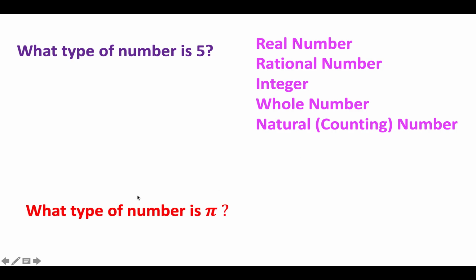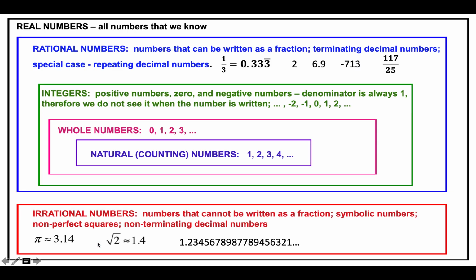All right, what type of number is pi? All right, again, let's go back to our slide, pi. Well, pi is a number we know. We've used it often for calculating circumference of circles and area of circles. All right, so we know it's real. Is it rational or irrational? Well, pi is a symbolic number, so therefore it is irrational.